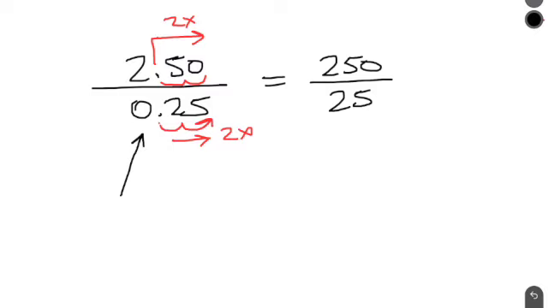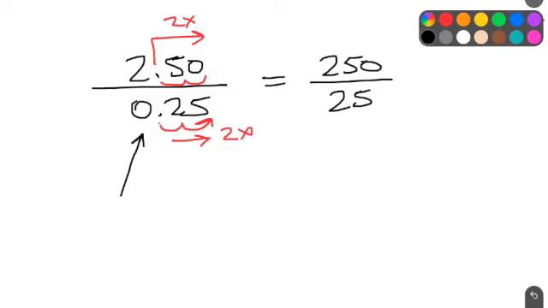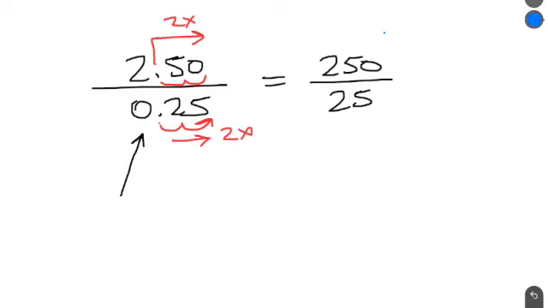Okay, let's do a test. I want everybody to take out your calculator, and we're going to do 2 different problems, and we should get the same answer. First, type in 250 divided by 25. You'll see that the answer is 10.